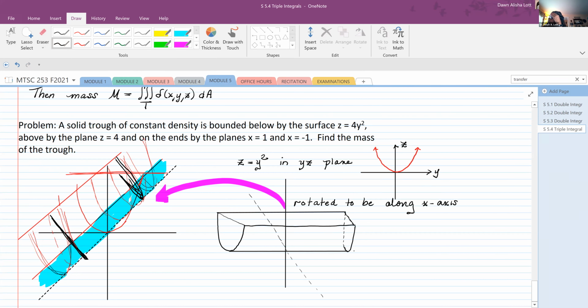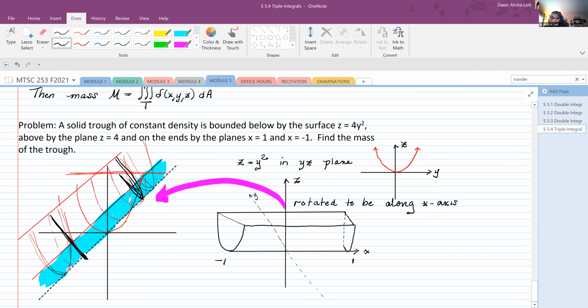This is x. This is z. And this is y. Okay. So x goes from -1 to 1.